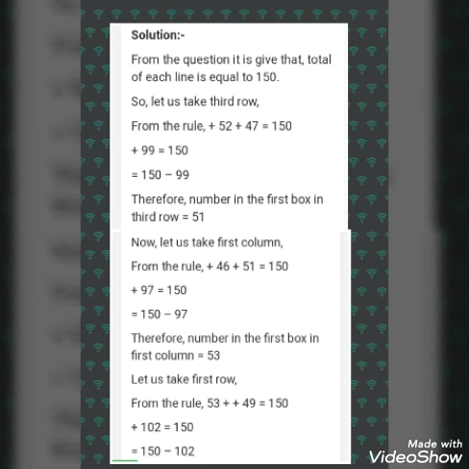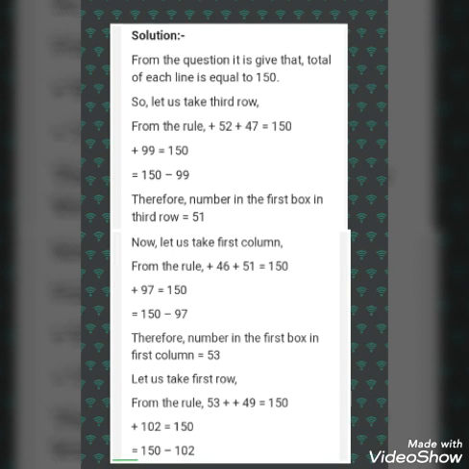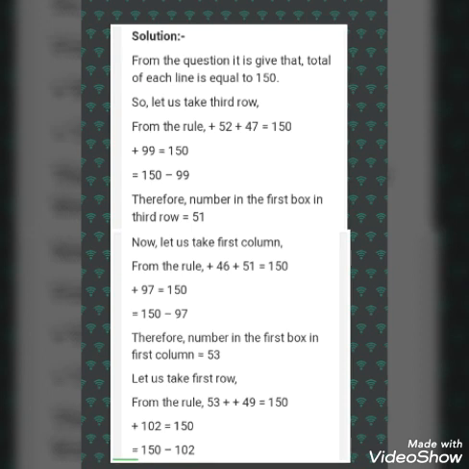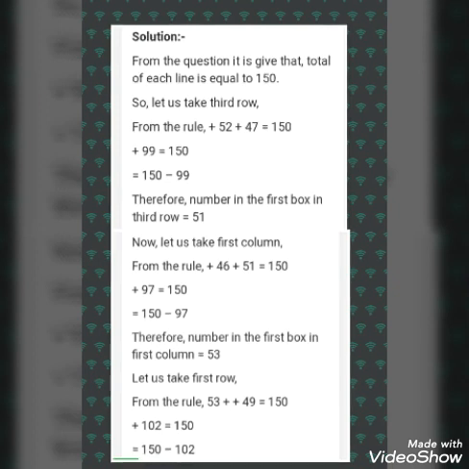So here the solution is, from the question it is given that the total of each line is equal to 150. So let us take the third row. From the rule, dash plus 52 plus 47 equals 150. I don't know the dash over here, so we have to find the dash.